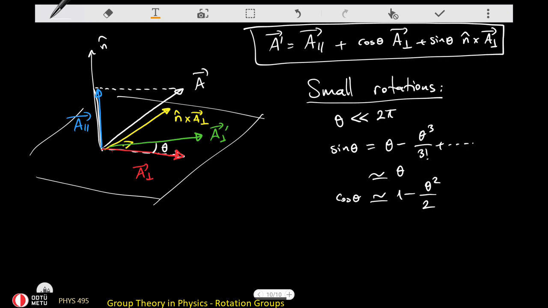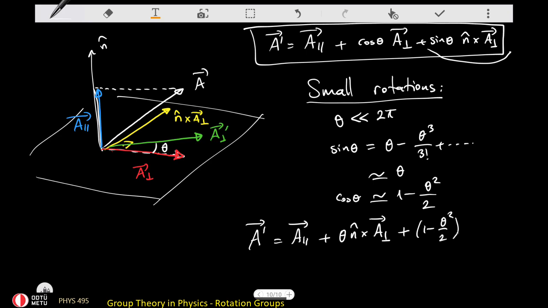In that case, if I use these, I'm going to get this. So A prime would be basically A parallel that remains there. So I'm going to take this one. So that part would be theta times n cross A perp. Yeah, I should have also corrected this, but in any case, plus 1 minus theta squared over 2 times A parallel, A perp.